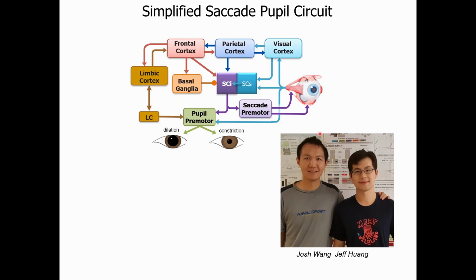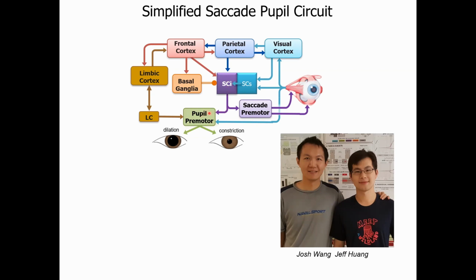This gentleman on the left here, Josh Wang, was a postdoc in my lab for about 10 years. He's now gone back to Taiwan in a faculty position. But his postdoc project was devoted to understanding the linkage between the intermediate colliculus and the pupil premotor circuit. So he basically studied this line right here.